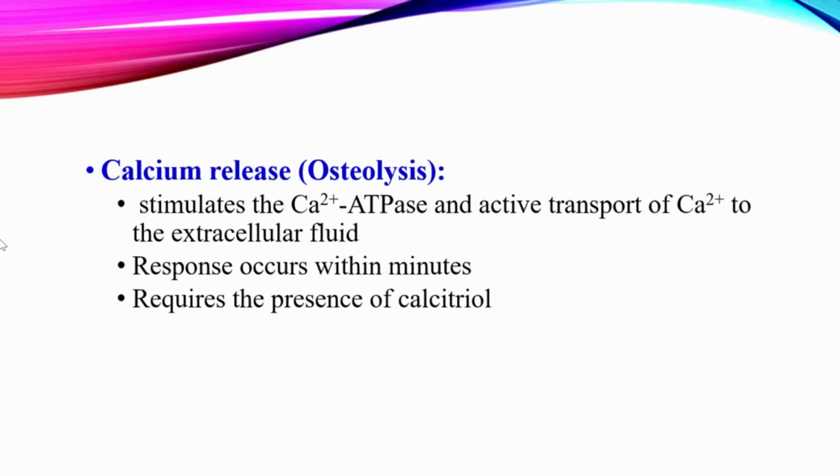For this activity it also requires calcitriol, which is the active form of vitamin D. So the release of calcium from bone to the extracellular fluid requires the activity of vitamin D also.